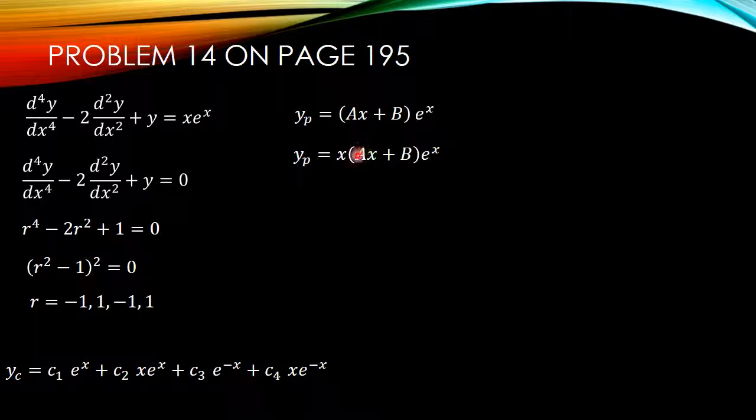If I do that, I get ax squared times bx, but see, the bx times e to the x duplicates this one, so that's not enough independent variables, so I have to multiply by another factor of the independent variable. And if I do this, this removes any part of the complementary solution from our particular solution. So my particular solution guess for this case is this one right here.